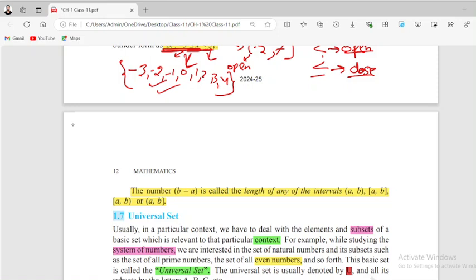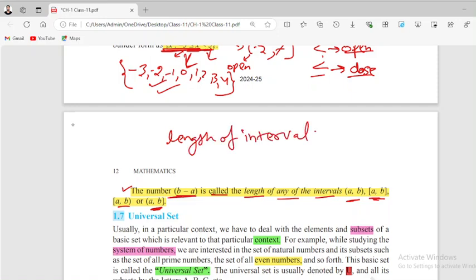And now the number b minus a is called the length of any of the intervals ab. Whatever the representation in the braces of the interval, the length of the interval is equal to b minus a.